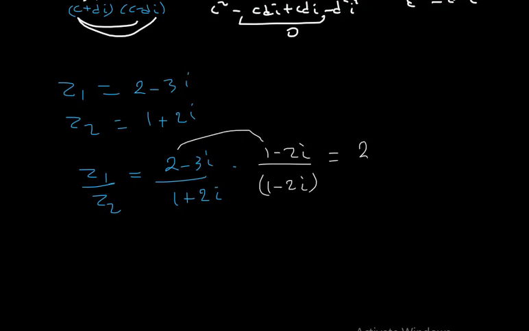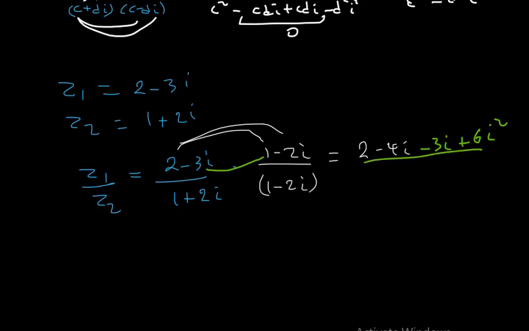2 times 1 is 2. 2 times minus 2i is minus 4i. Next, minus 3i times 1 is minus 3i, and when you multiply minus 3i by minus 2i, that goes to plus 6i squared.